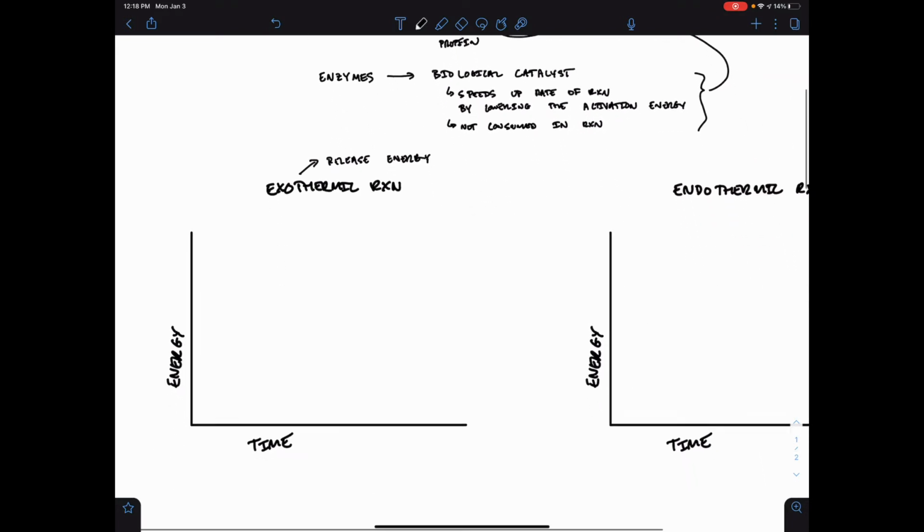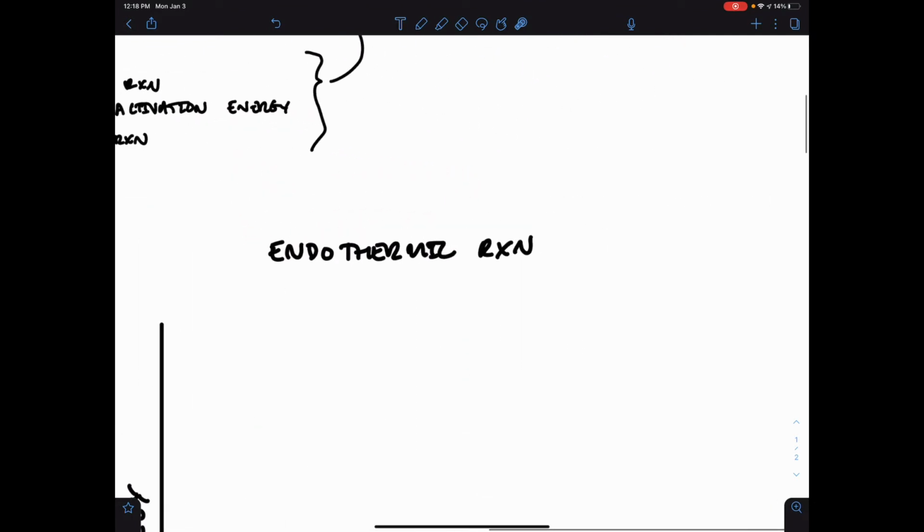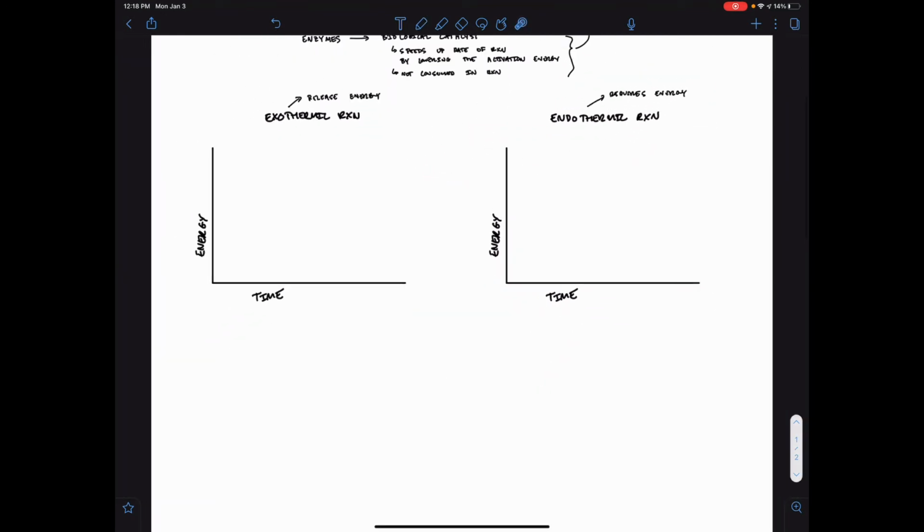So an exothermic reaction will heat up the surrounding environment as it progresses, whereas an endothermic reaction requires energy. It will cool down the surrounding environment when it progresses forward. We graph these out on graphs where we measure energy on the y-axis and time on the x-axis.